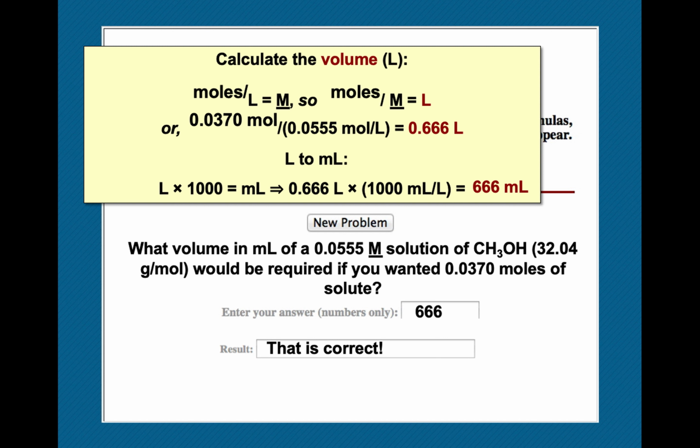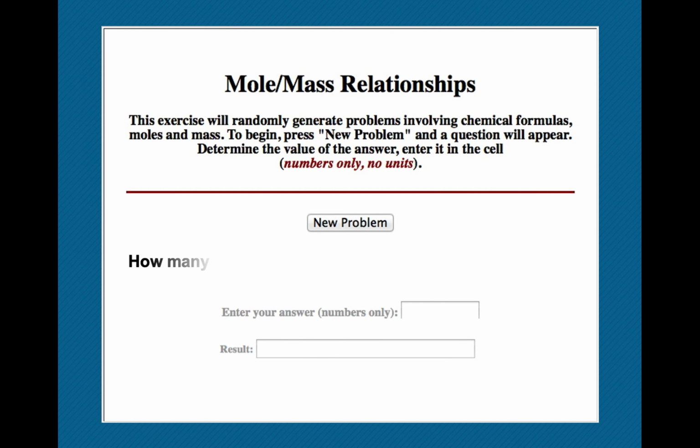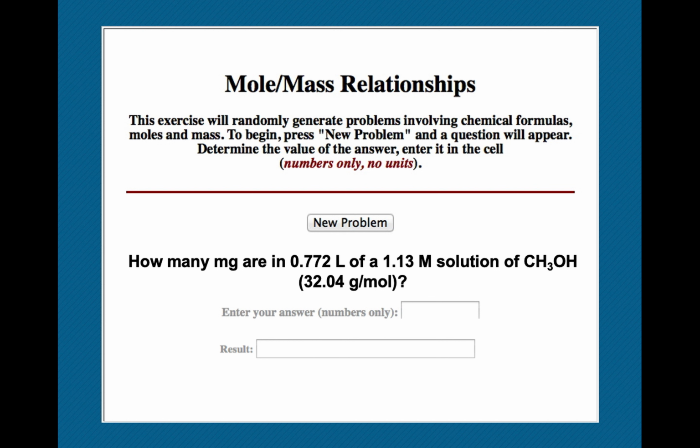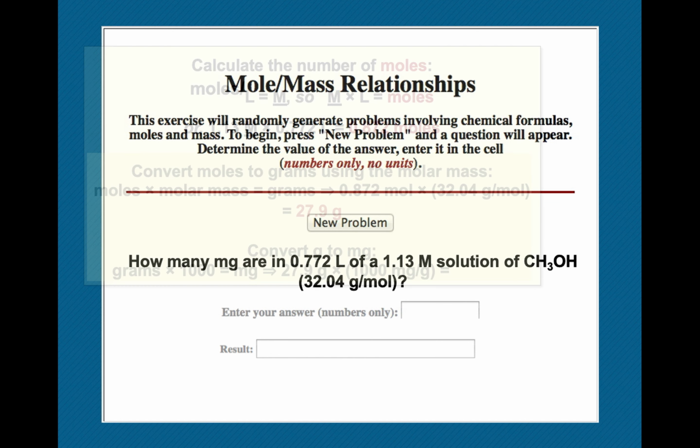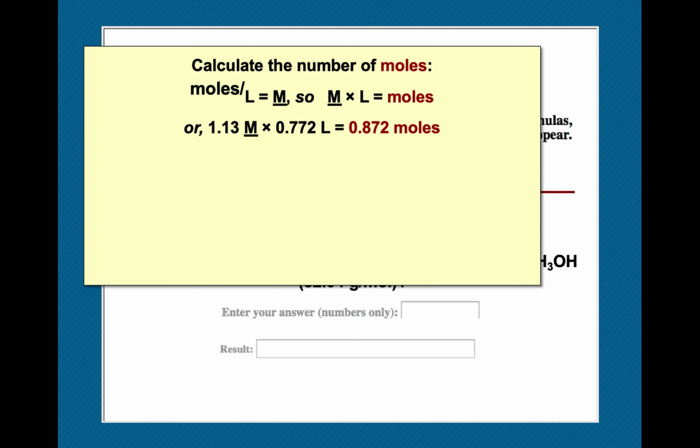Any questions on this one? Do another. Here we're looking for milligrams. We have a volume, we have a concentration, we have a molar mass. Again, we're looking for mass. We remember that the number of moles is molarity, concentration times volume.